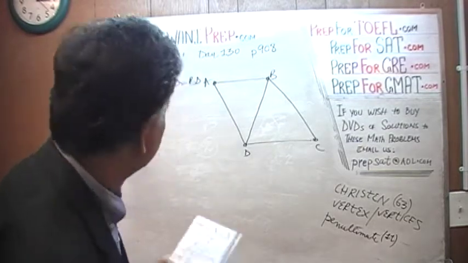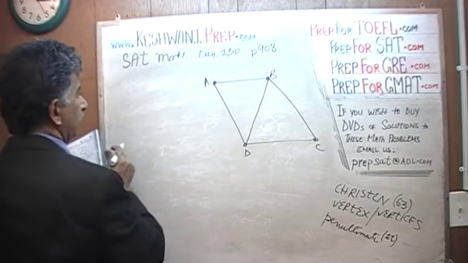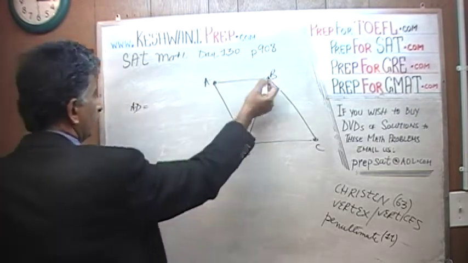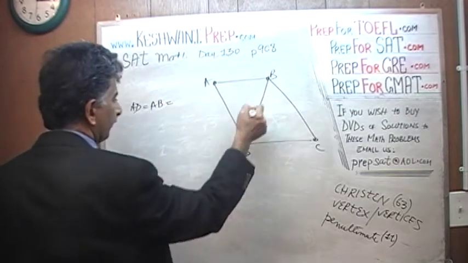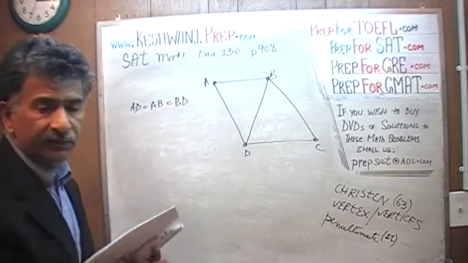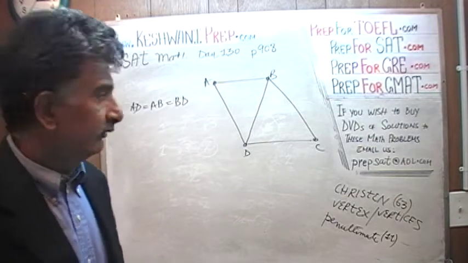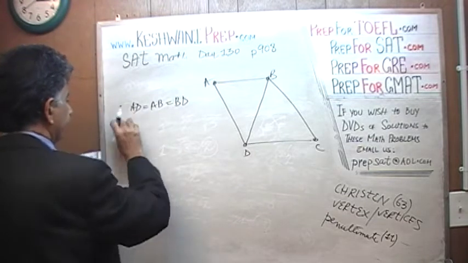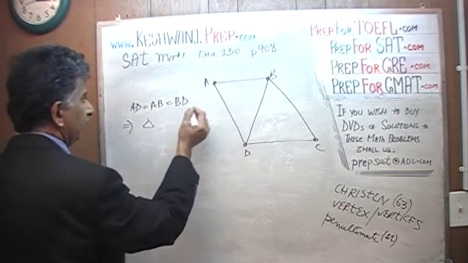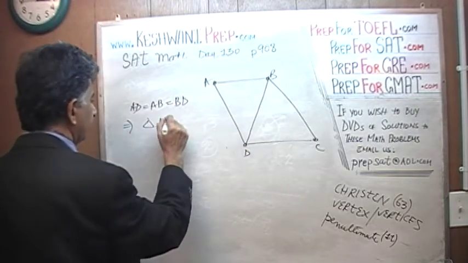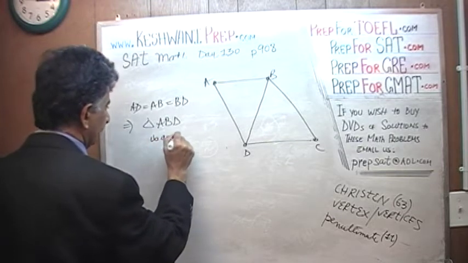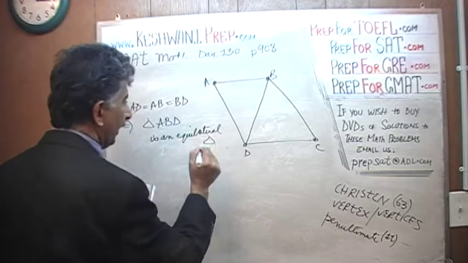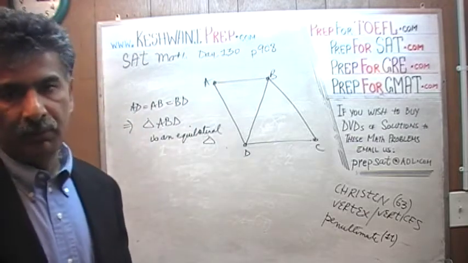What does it tell us? AD equals BD, or AD equals AB, and that equals BD. This tells us that the triangle ABD is an equilateral triangle.